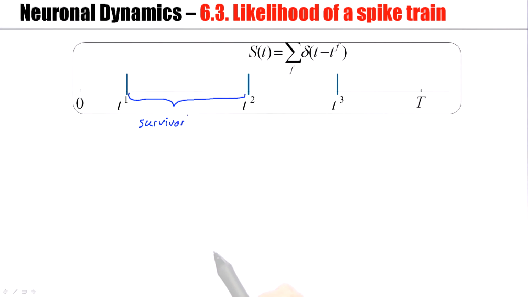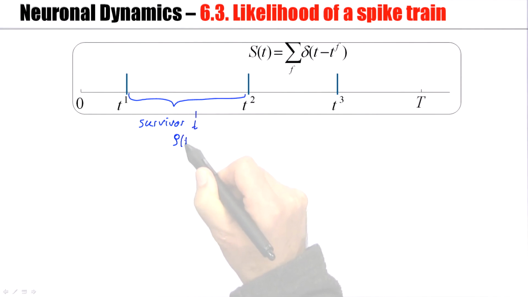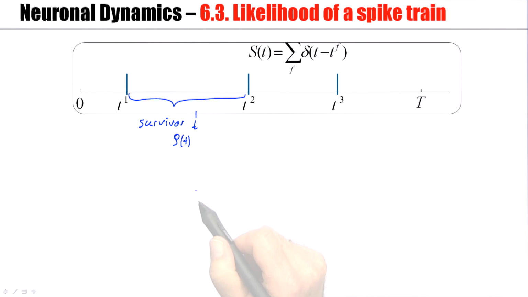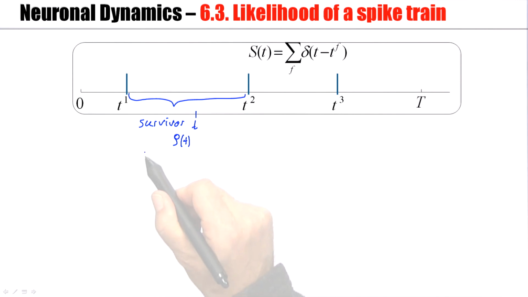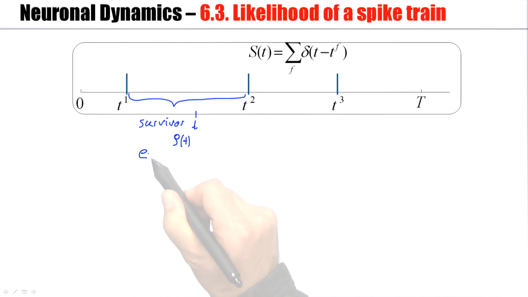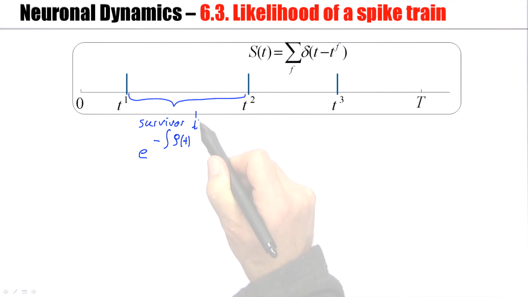Well, it's given by the survival function. At each moment, the neuron has a certain rate of firing. At this moment, say t, it has a certain rate rho of t. But we observed that it did not fire. The probability to survive without firing decays exponentially.